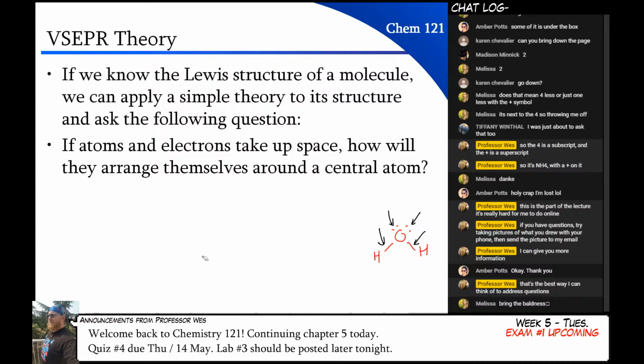So what that means is that if I were to assign each of these arrows that I drew earlier a letter, I'd say A, B, C, and then D. What that means is that A will repel from all of the other things, B, C, and D. B will repel from all the other things. And so on and so forth. Everything is pushing apart as far as it possibly can, because these sets of electrons do not want to interact with each other.